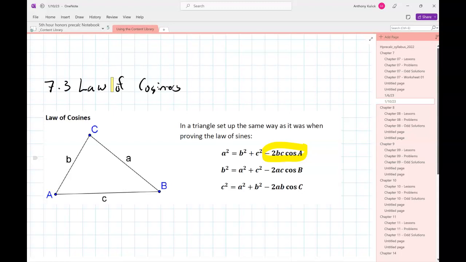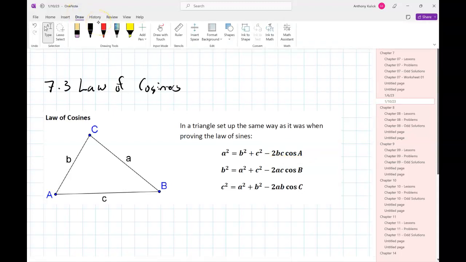That's essentially all that's going on here. If this was a right triangle, if A was a right angle, remember what cosine of 90 degrees is? It's 0. So what happens if you're working in a right triangle with the law of cosines? The last part just drops off and you have exactly the Pythagorean theorem, right? So again, it should remind you of the Pythagorean theorem because it is actually just a generalization of the Pythagorean theorem.